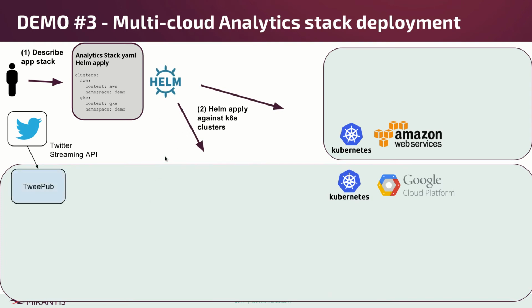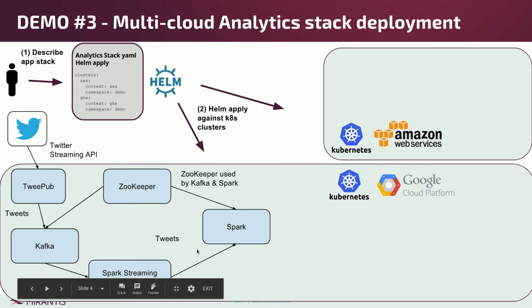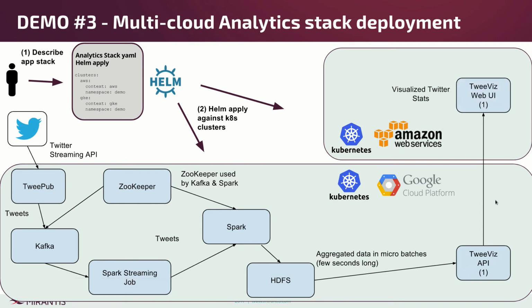Basically I will deploy TweetPub, which will read information from the Twitter streaming API and send tweets into Kafka using Zookeeper, then process those tweets with a Spark job, store them into HDFS, and then read from HDFS in the API, and most importantly the UI part will run in AWS. So it's one of the use cases we solve where people want to run analytics data processing in one cloud provider and the web application in another provider. And this is what you will see in the demo.